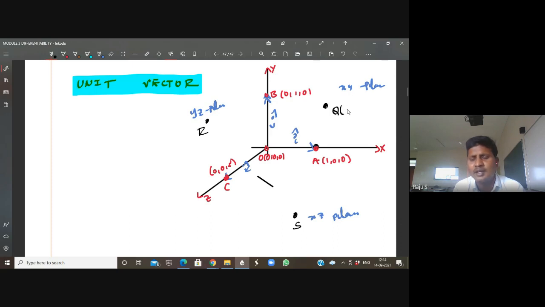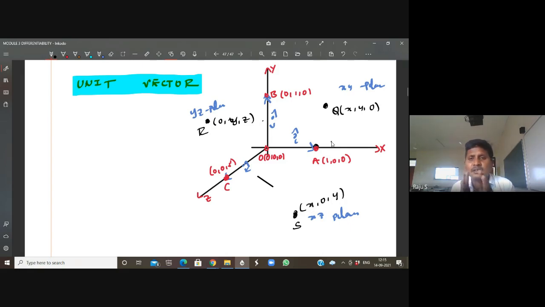In the XY plane, clearly the Z value is 0, so it can be written as x, y, 0. In the YZ plane, the X value is 0, so 0, y, z is any point on the yz plane. And coming to the xz plane, if I take S as any point, that is x, 0, z.